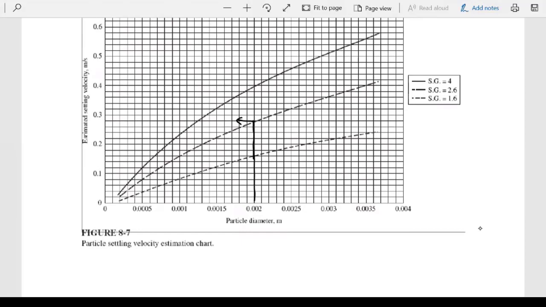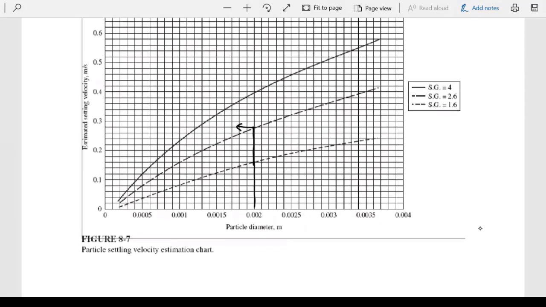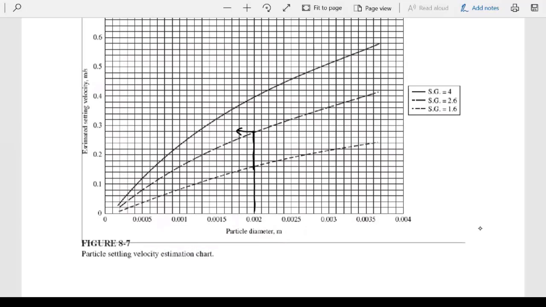So that is over here. And this graph is kind of funky in terms of where this is 2.05 here. So this would be 2.08. And we read up and we read across. So that gives us an estimated value here for our terminal settling velocities.